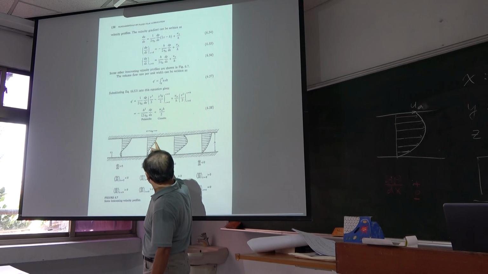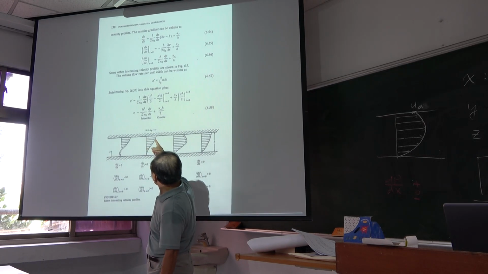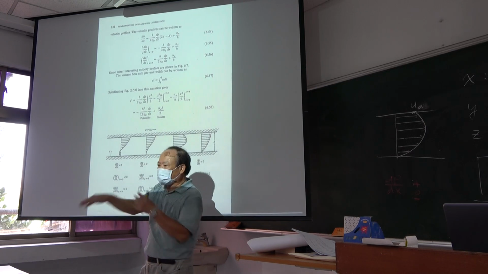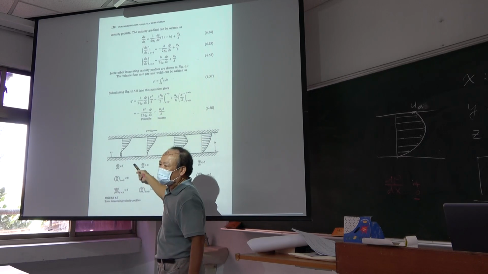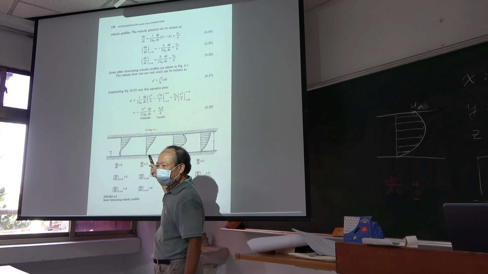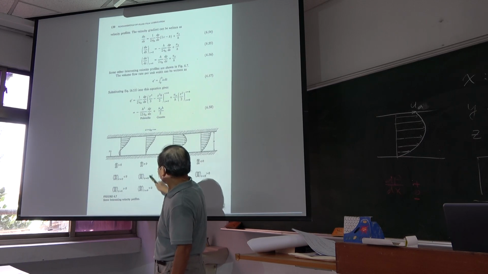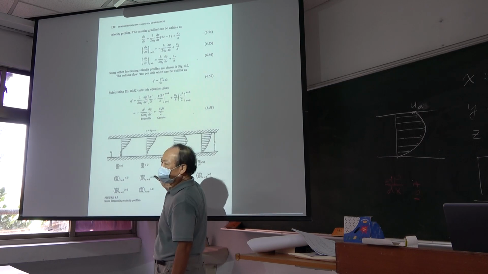So this profile is tangential to this vertical line at this place, and this is the reverse flow behavior. So dP/dx is larger than 0, and then du/dy here is equal to 0, right?